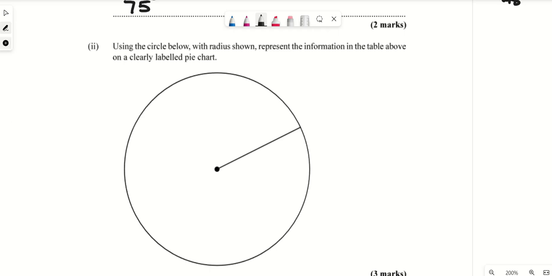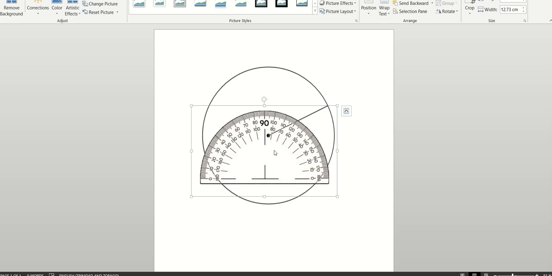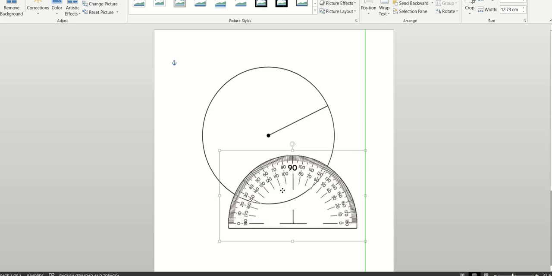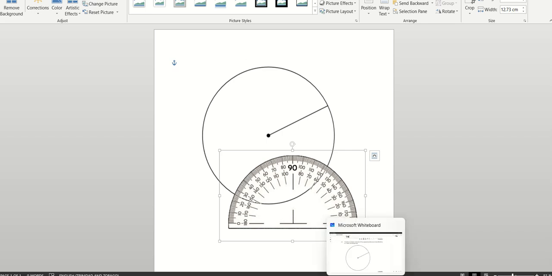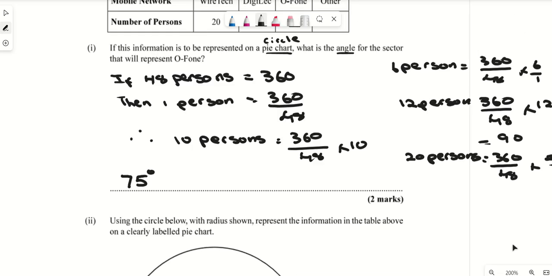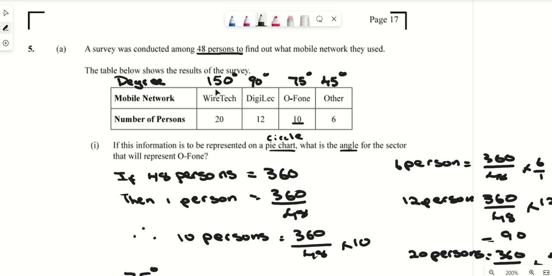So this is the pie chart that they show, and you're going to have a protractor. I found all the degrees for all of them. So you're going to draw on the pie chart 150, 90, 75, and 45.